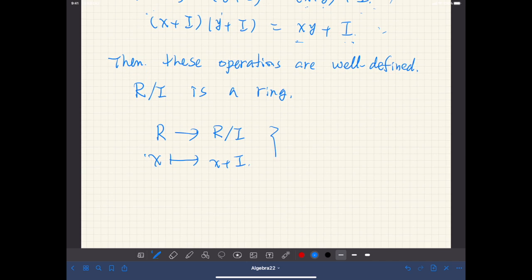So this is a homomorphism from R to R by I, with kernel I. So this ideal is the kernel of this mapping.